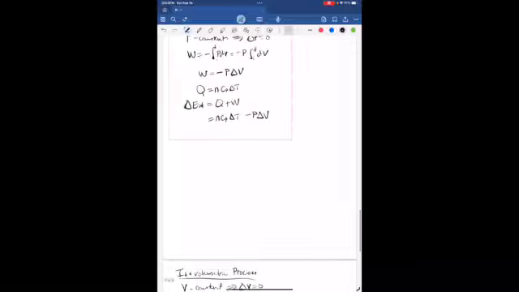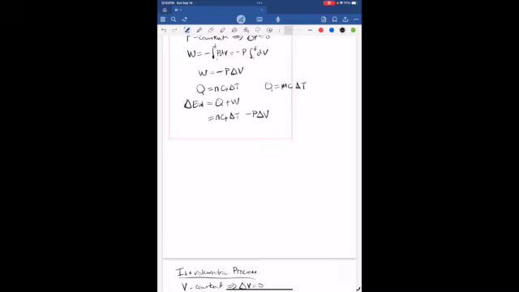By the way, that's also true up here. I should have said that up here. So Q can also be mc delta T. And in that case, the change in internal energy, well, let me put it over here, would be mc delta T minus P delta V.